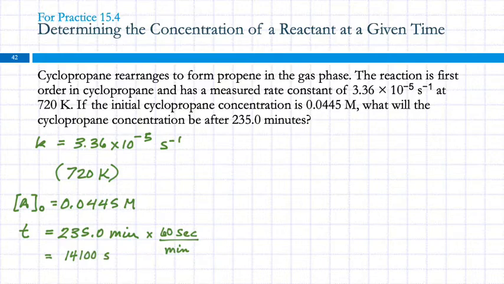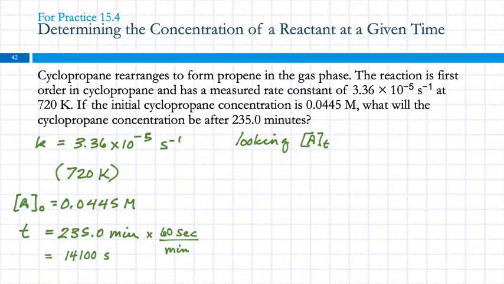And then what are we looking for? We're looking for the final concentration, the concentration at 235 minutes. So we're looking for the concentration of A at time t. Well, do we know an equation that relates these things?